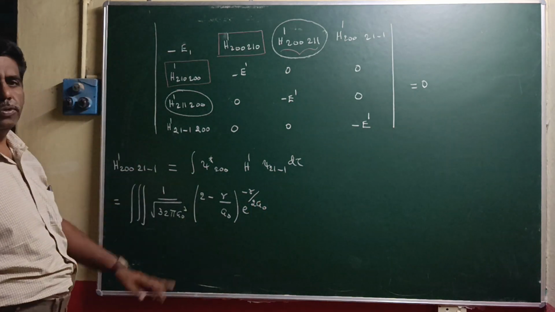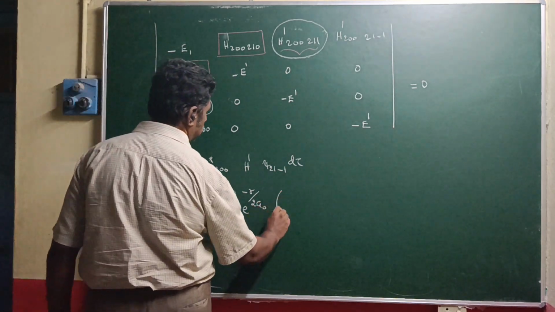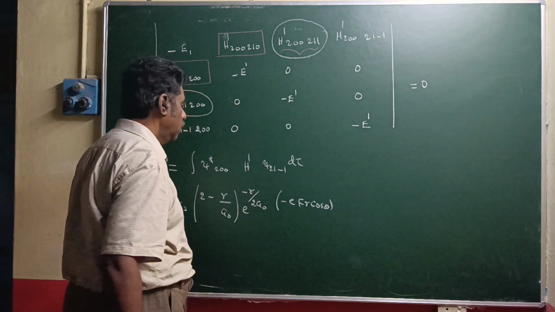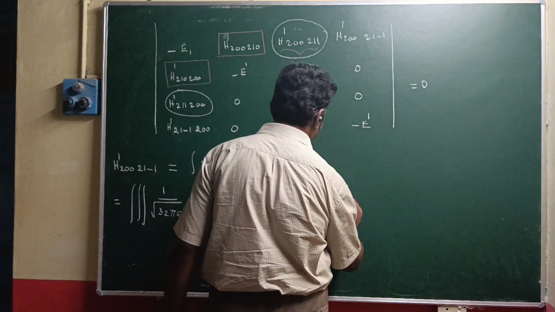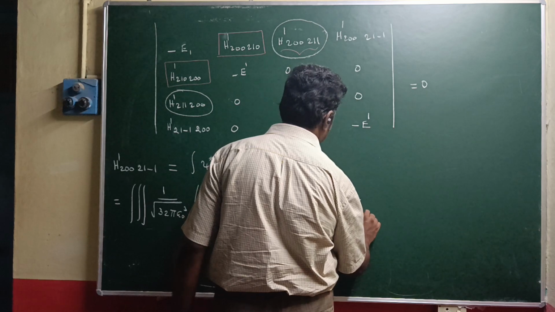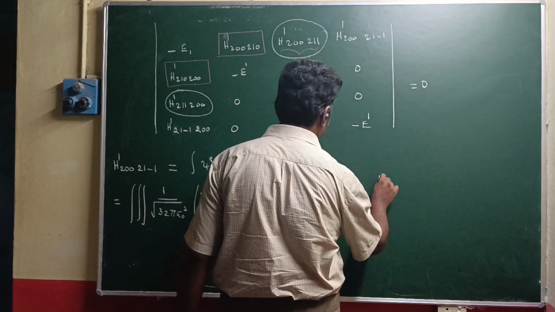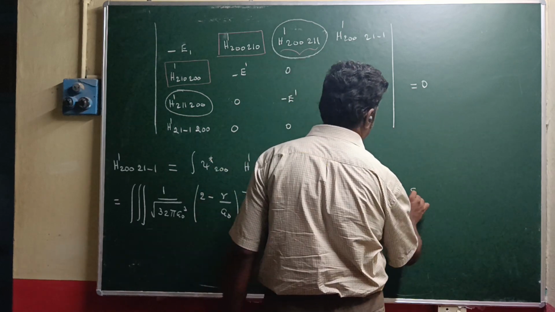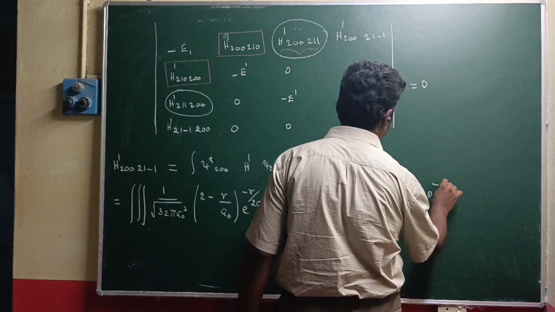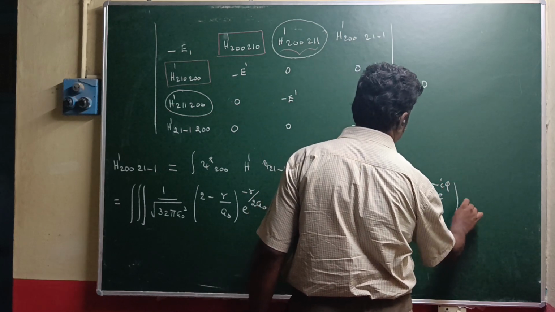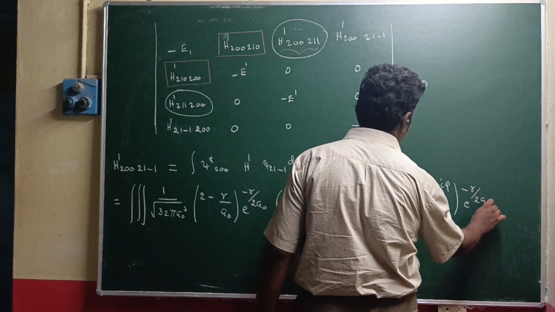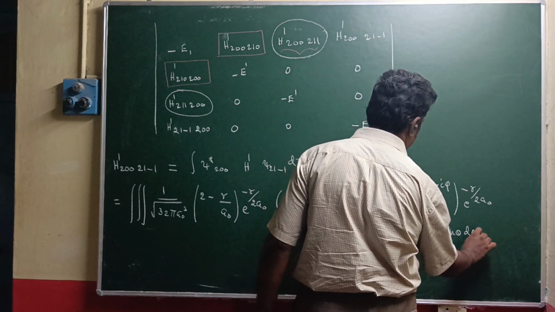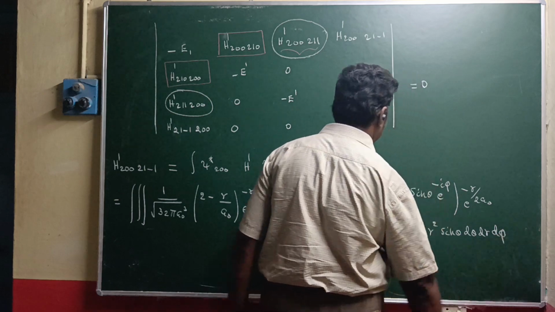This is the value of psi 200. Then H1 value minus e F r cos theta, then psi 21 minus 1 value: 1 divided by root of 32 pi a0 cube, r divided by a0 into root 2, the same sin theta but e power minus i phi, e power minus r divided by 2a0 into r square sin theta d theta dr into d phi.